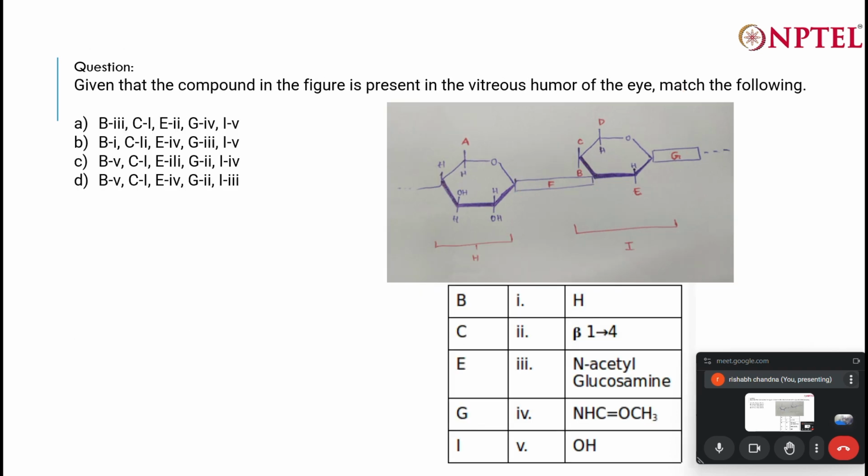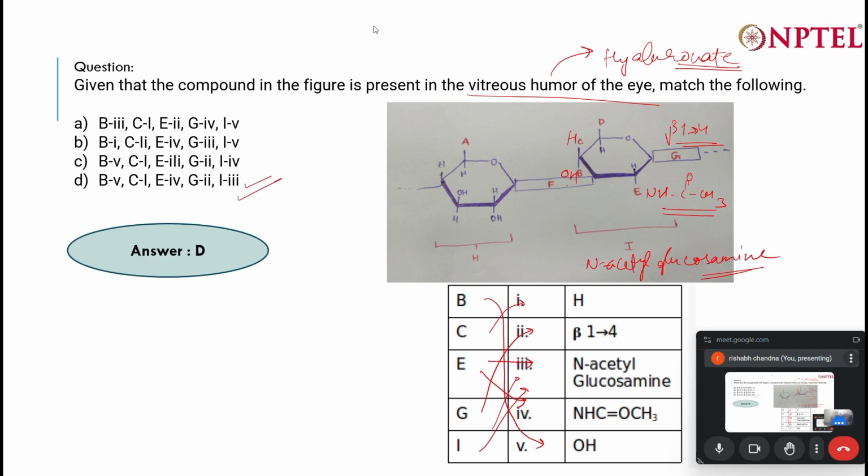Okay, moving on to the second question. Given that the following compound is present in the vitreous humor of the eye, match the following. So the vitreous humor in the eye contains a compound called hyaluronate.